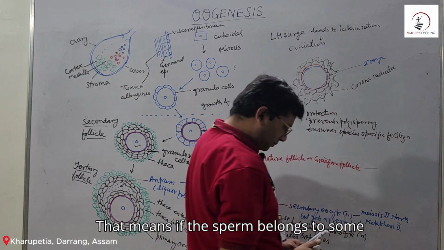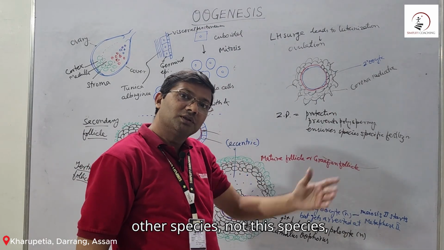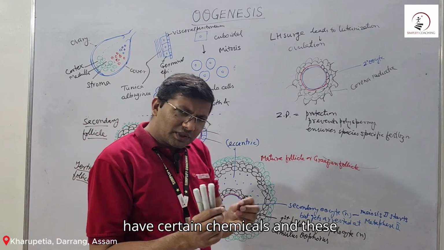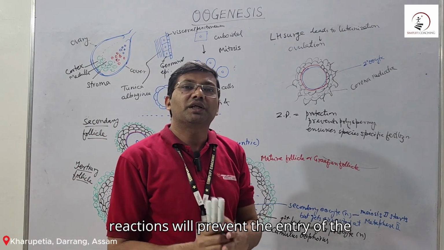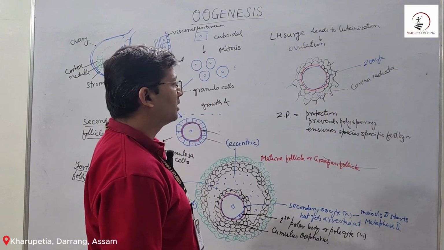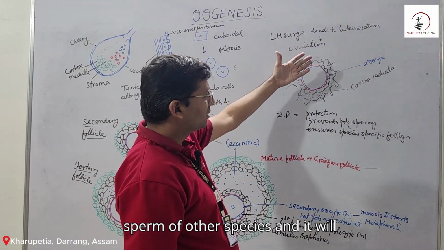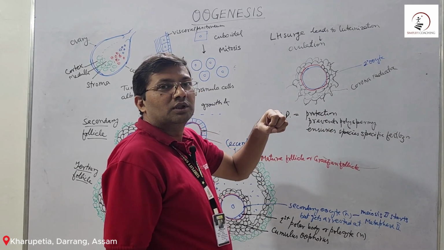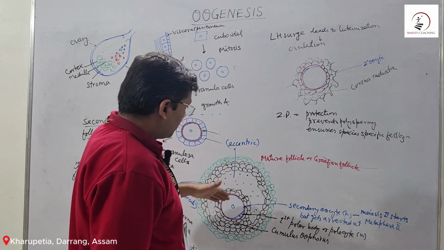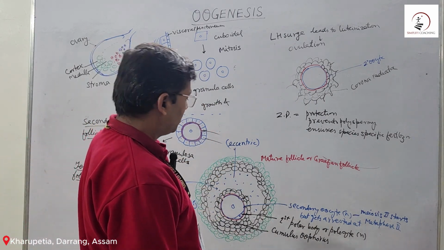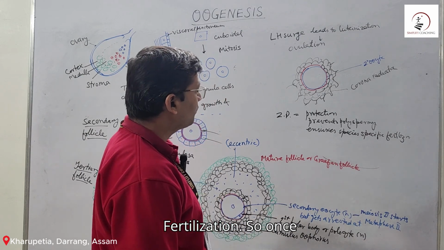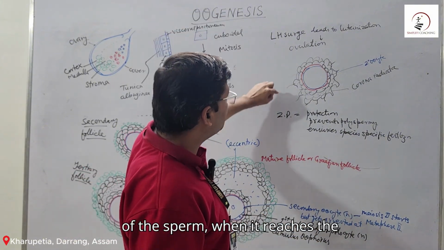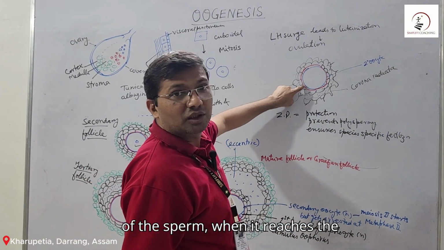That means if the sperm belongs to some other species, not this species, then this zona pellucida will have certain chemicals, and these reactions will prevent the entry of the sperm of other species, and it will ensure that only its own species makes the successful fertilization.